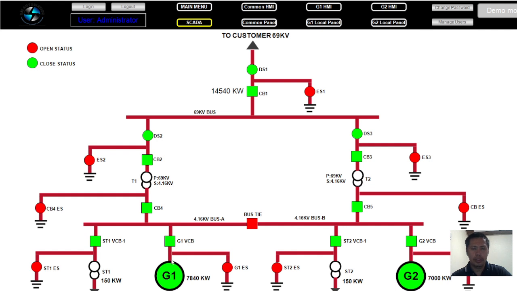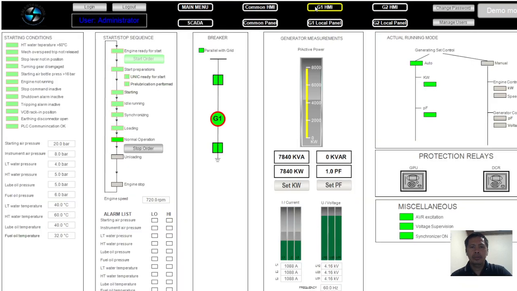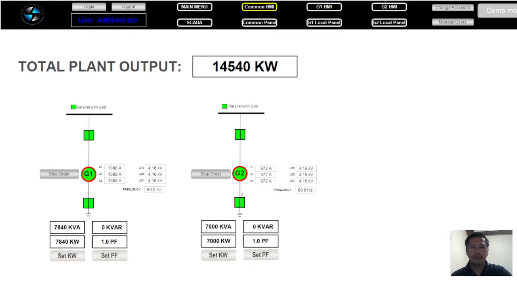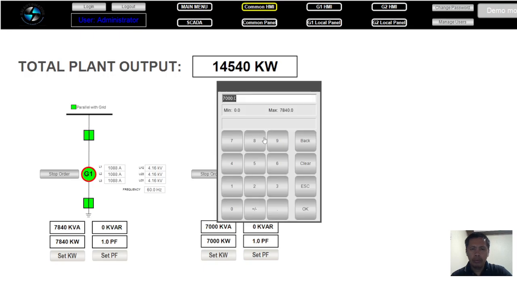So as we can see, both generators are now synchronized to the grid and having a total power output of 14,540 kilowatts. So we can maximize generator 2. Generator 2's maximum load is 7840.